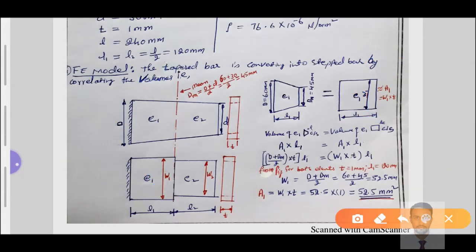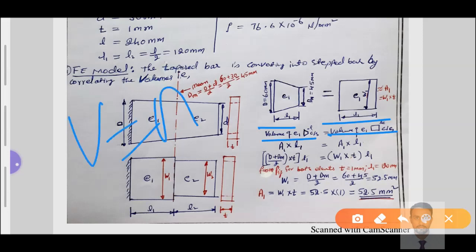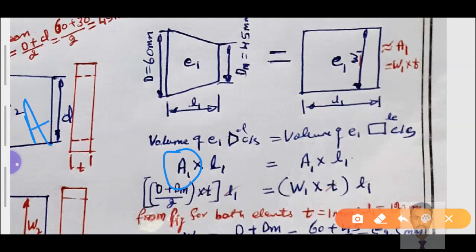Consider the volume of the tapered cross section, and the volume of a uniform cross sectional element. See here, volume V is equal to area into length. A1 for this tapered cross sectional element is W into T. What is this W?